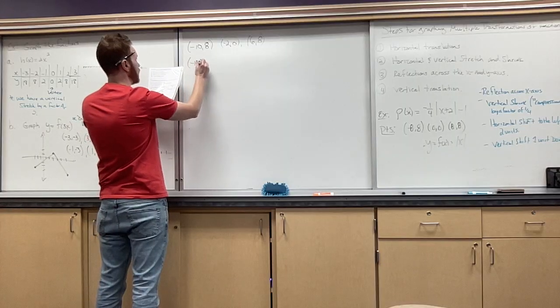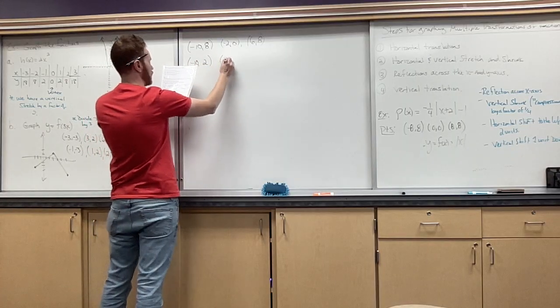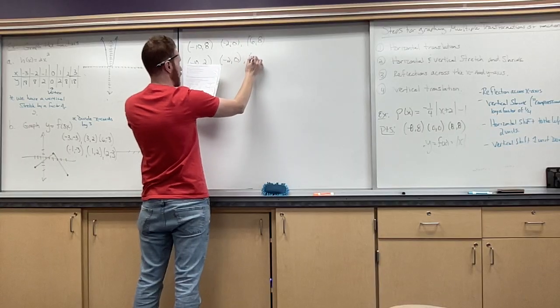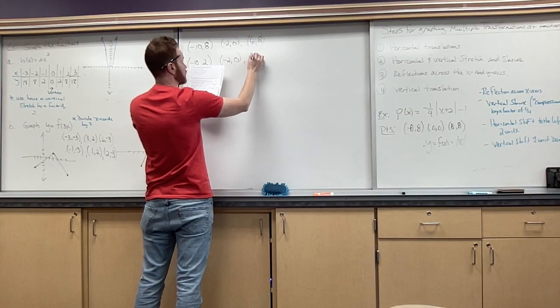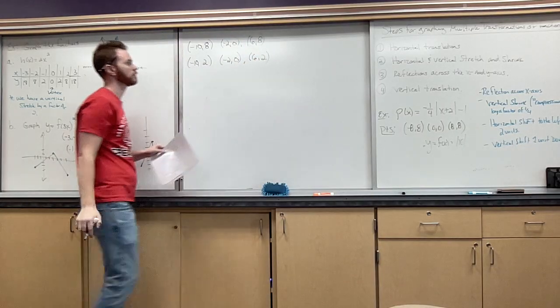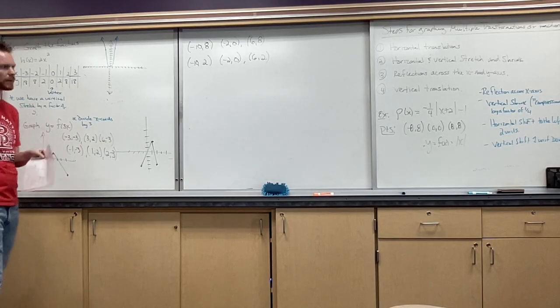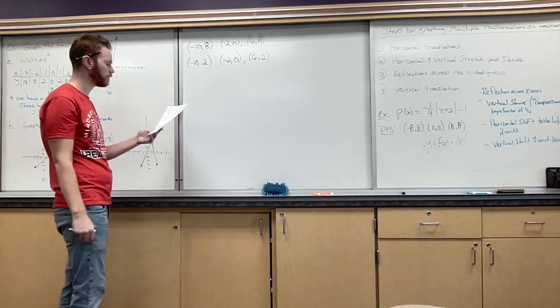So I'm at -10, 2 now. -10, still 0. 1/4 times 0 is 0. And then the last one's going to be 6, 2. Now, could you draw a graph each and every time doing this? Yes. And I did that in my notes. Don't do that. It's a good visual, but it's just easier to work with the points and then graph the final result.